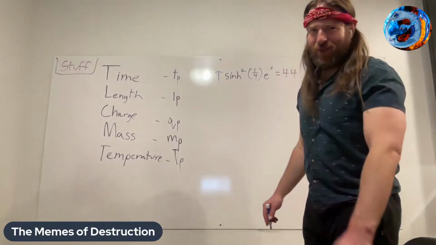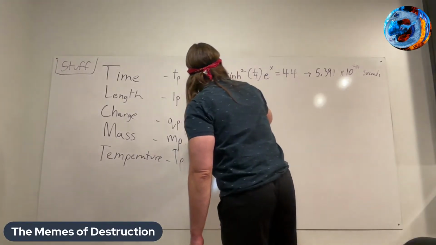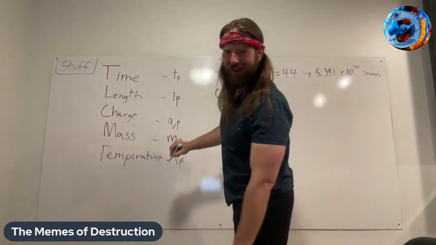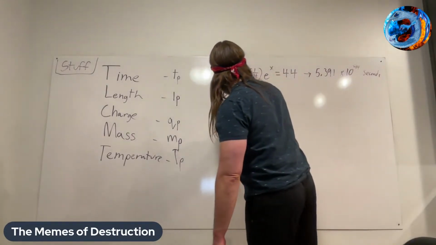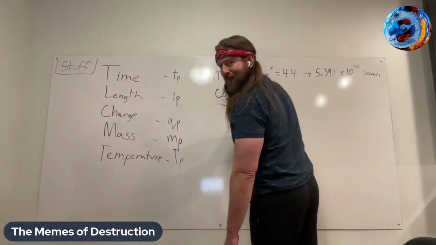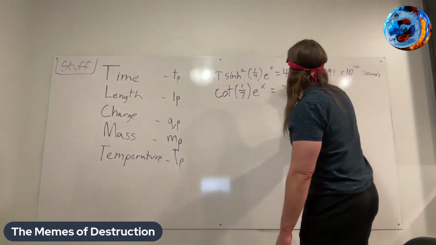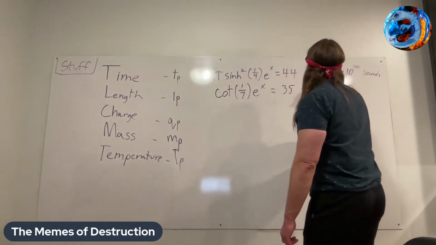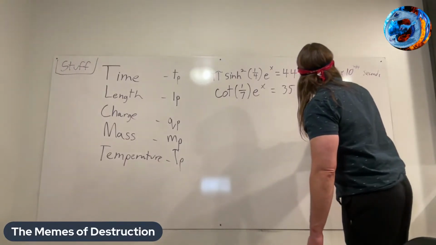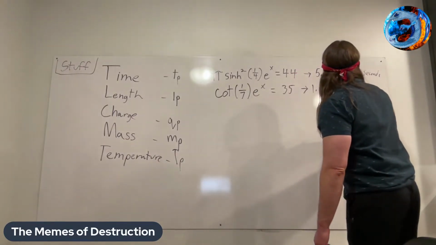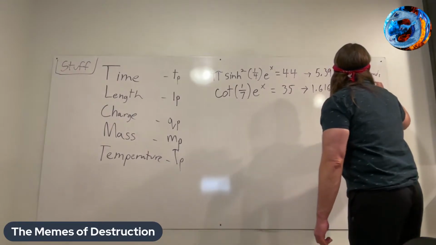For ease of notation, it's the cotangent, aka cot, of 1/7. That's e. We're solving for x. That's equal to 35. Leads us to 1.616 times 10 to the negative 35 meters.